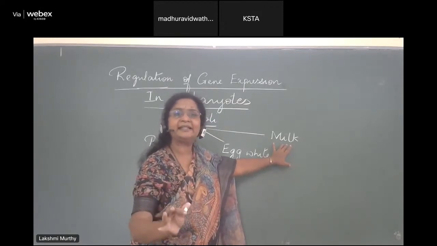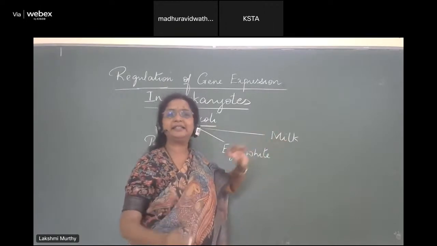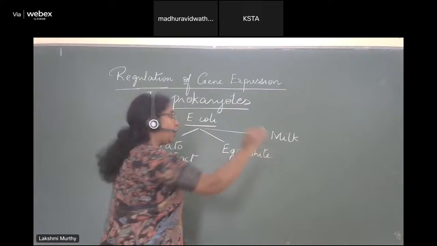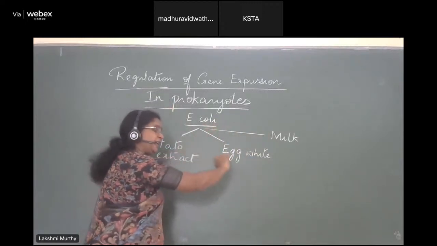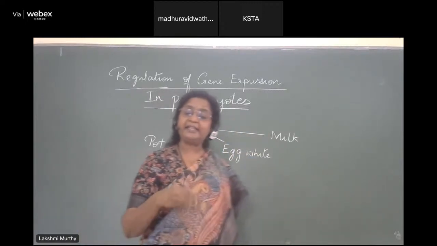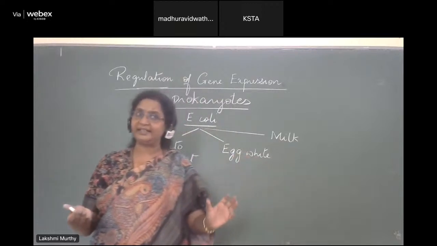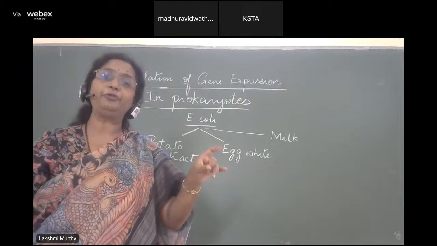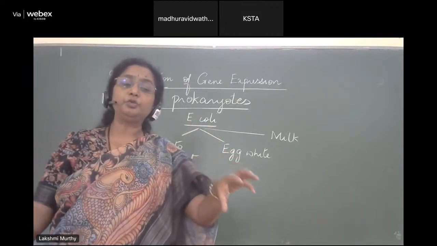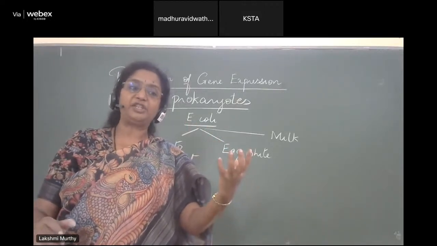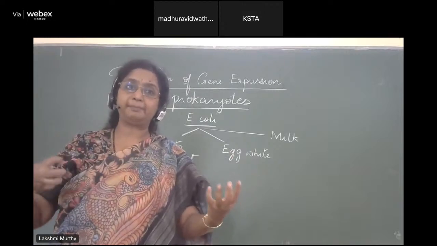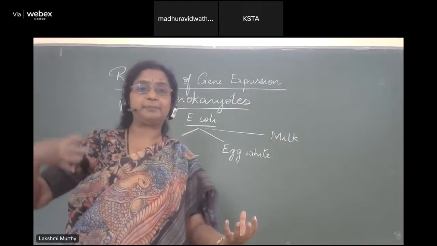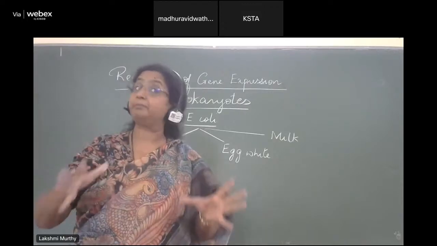That is exactly what we are going to learn in this particular session today, where we will learn how E. coli can take that decision and decide at the molecular level that certain genes can remain switched off because the nutritive substance which can be broken down by those enzymes is not there, and therefore the genes responsible for those enzymes can be switched off.